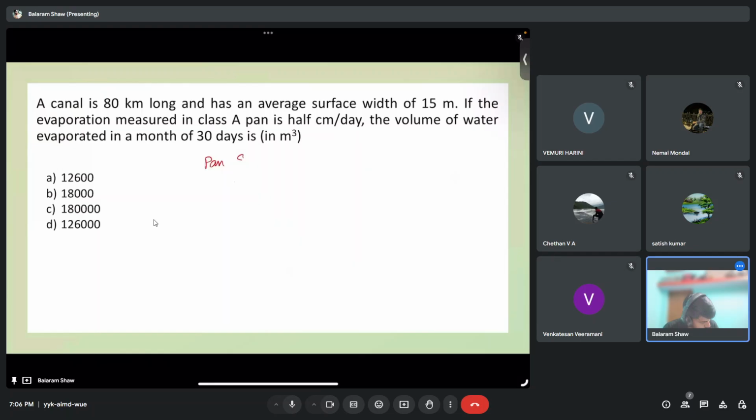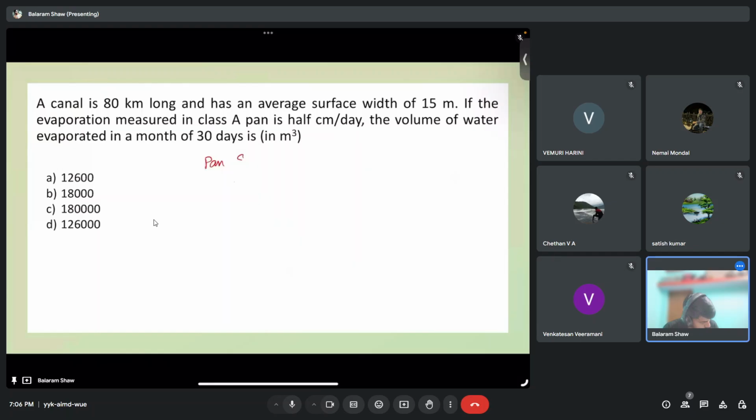So the total evaporation that will happen from the lake or canal will be equal to pan coefficient into total pan evaporation, right? And the volume of water evaporated will be equal to the total evaporation that has happened into that area.